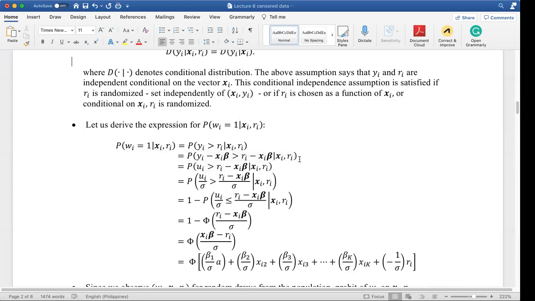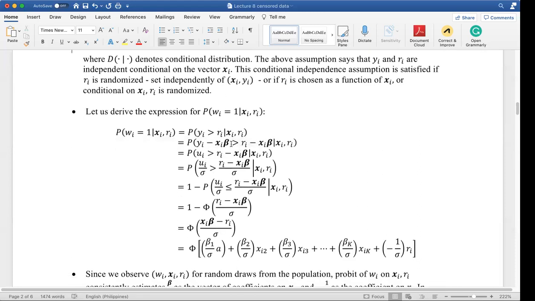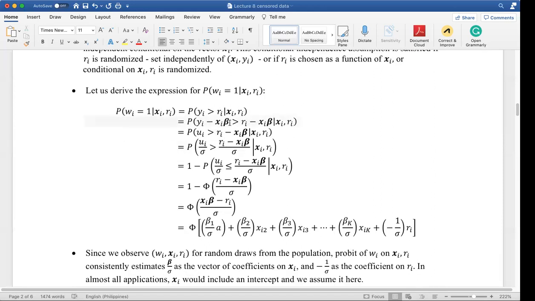In the next line, I just subtract X sub I beta from both sides of the inequality here. But then Y sub I minus X sub I beta is just U sub I, using our model.